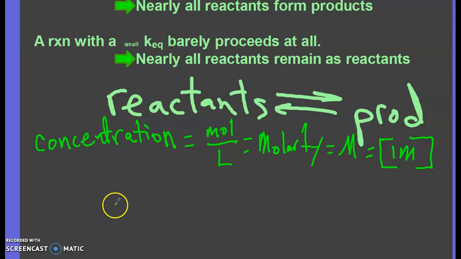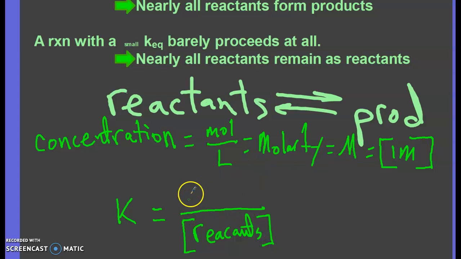We don't use C, we use K for constant. And so this constant would be the concentration of the reactants compared to the concentration of the product.